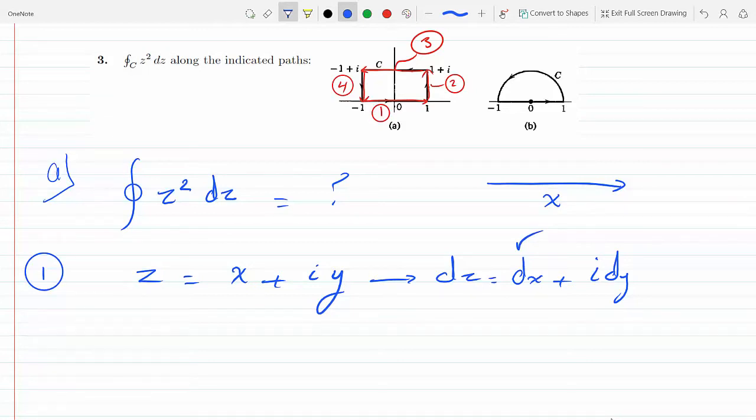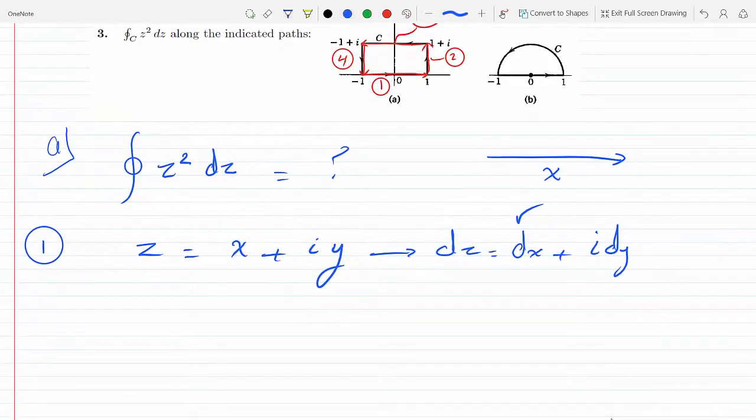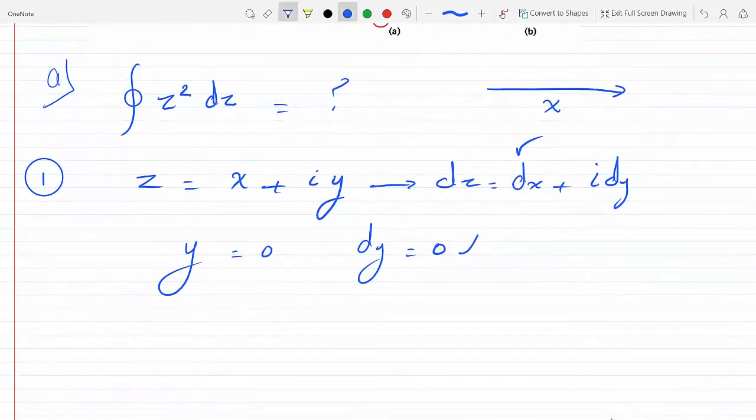Now, is dy there? No, because on that path y is 0, which makes dy 0. So if you plug these in here, what's dz? dz is just dx. The second term vanishes.